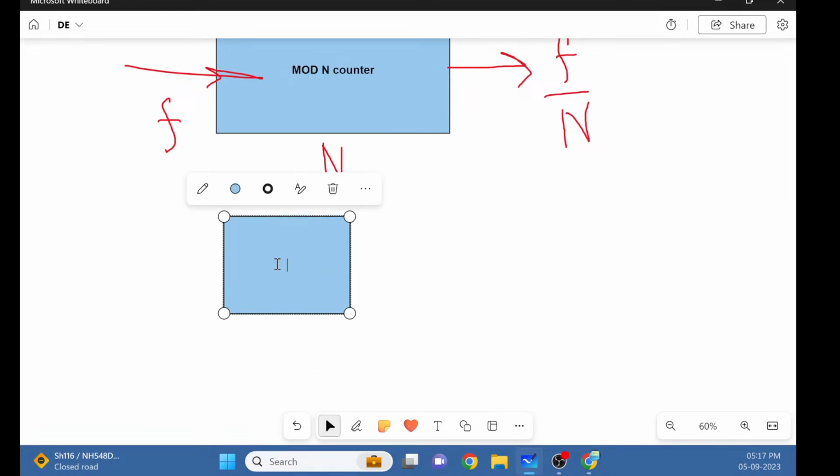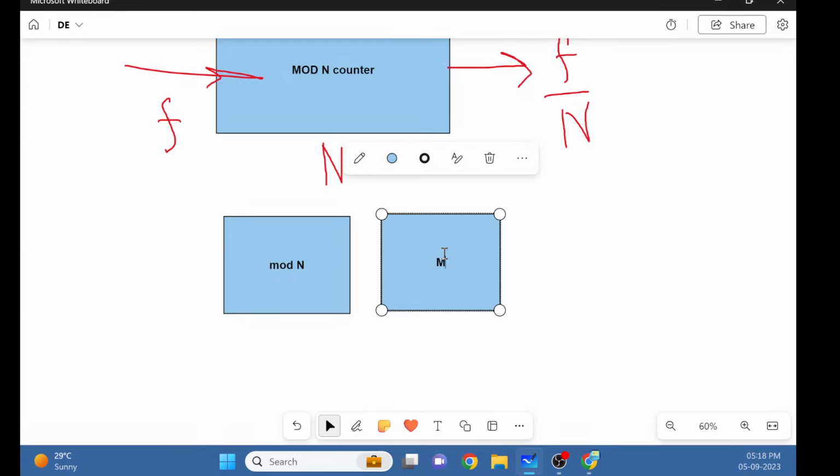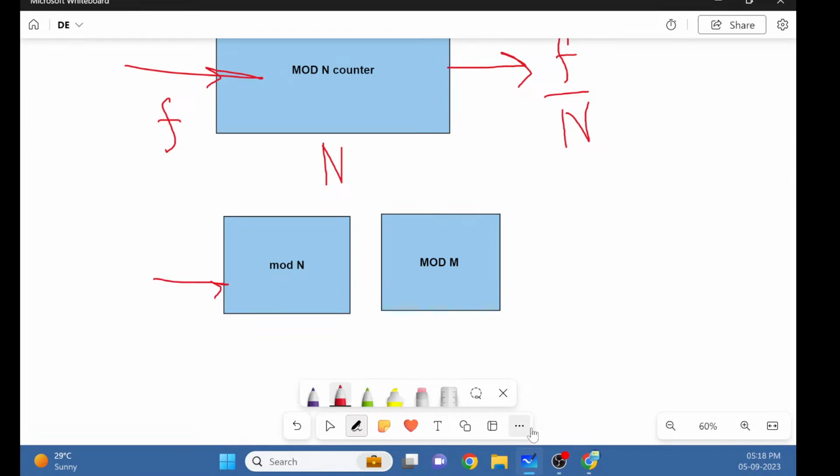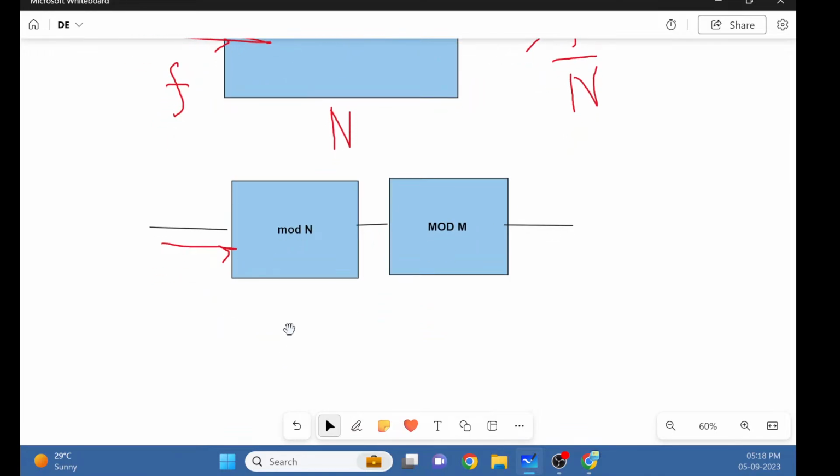If we consider two counters, this is a mod n counter, and let me draw one more counter over here, a mod m counter, and these are cascaded together, then what would be the input frequency and the output frequency, and what would be the overall states of the combined counter? You can pause the video and try answering.